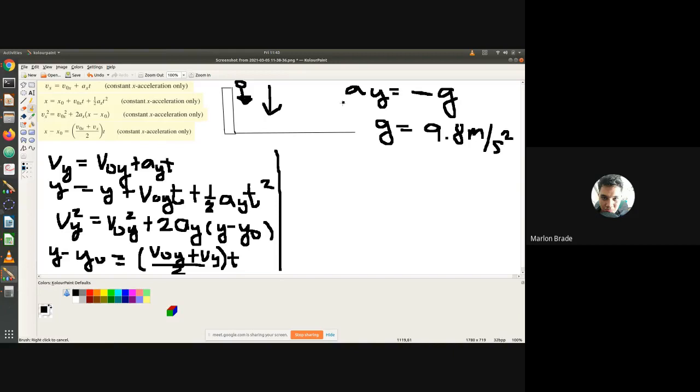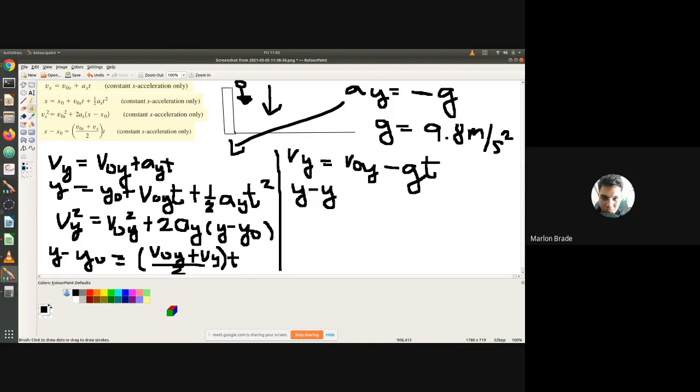So, kung i-plug in nako ang a_y as equal to negative g, ang akong equation nga v_y equals v naught y minus gt. Ang ikaduha, y minus y naught equals v naught y t minus 1/2 g t squared, kay a_y is negative g man.